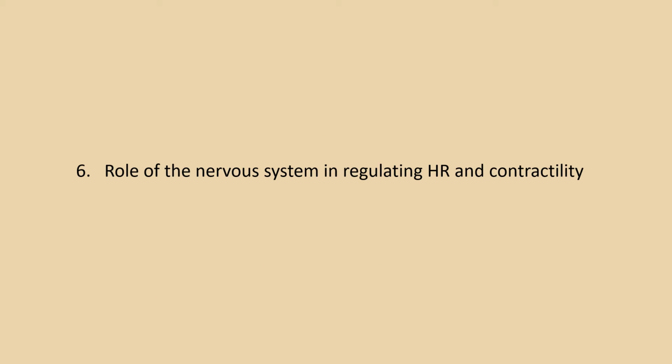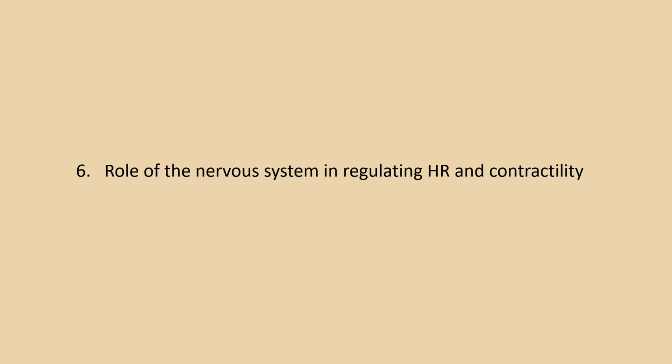Next, we get to talk about how the nervous system influences both heart rate, how many beats per minute, and how hard your heart contracts with each beat. That's known as contractility. So far we've been talking about how the heart can beat on its own without any input from the nervous system, and the SA node serves as the pacemaker of the heart.